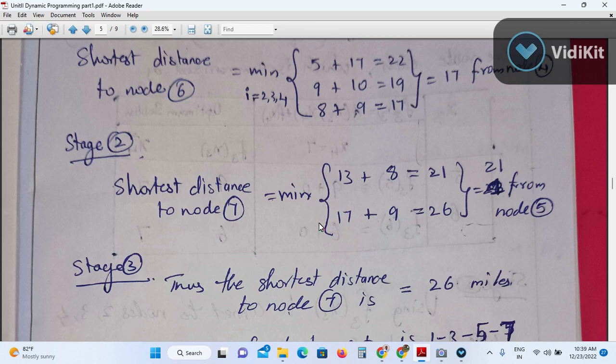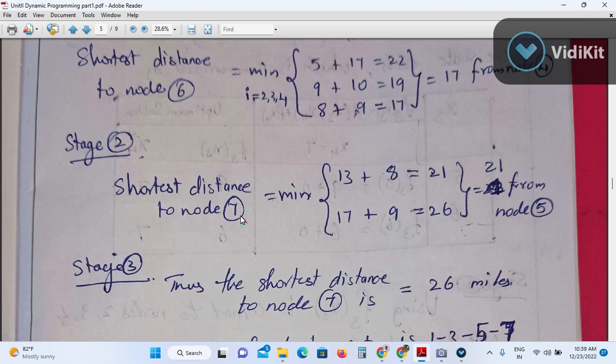Here the shortest distance at node 6 is 17. From 5 to 7 the distance is 8, from 6 to 7 is 9. Adding these values we get 21 and 26 respectively. So the shortest distance is 21. What is the conclusion?